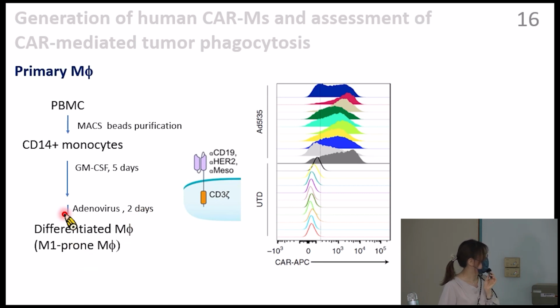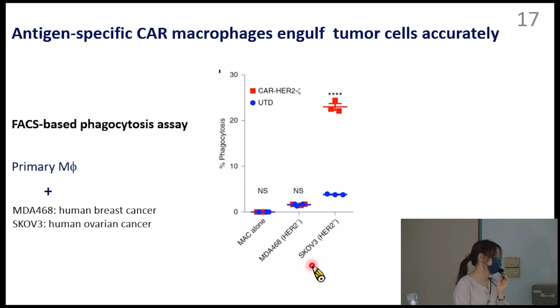And in the end, they say this kind of CAR macrophage is an M1 form macrophage. Then they wanted to confirm whether this macrophage can express the CAR. You can see they used flow cytometry to analyze this, and I remember it's around nine people's monocytes, different people, and all of these monocytes can express the CAR receptor.